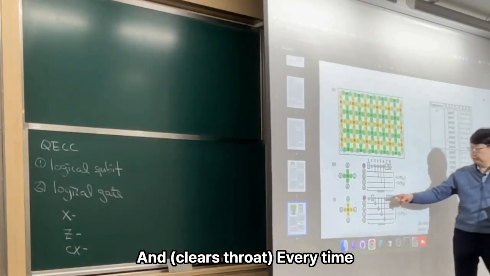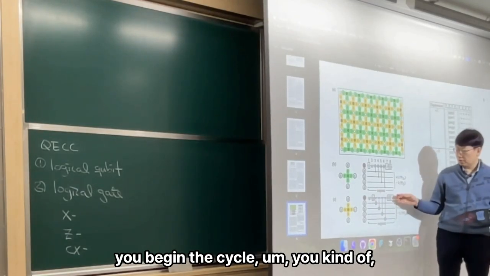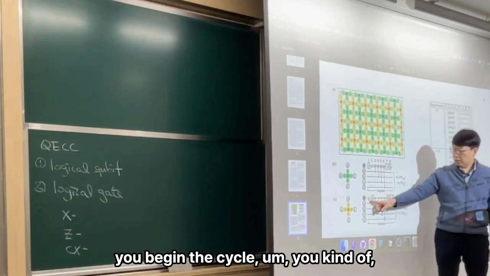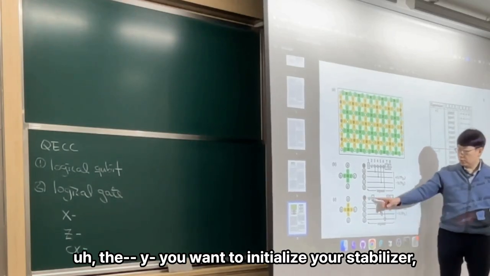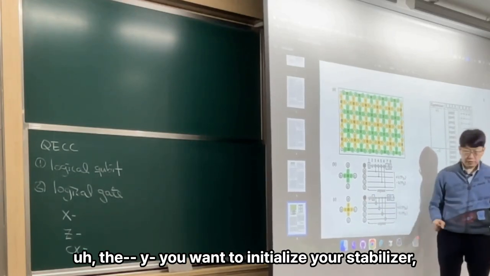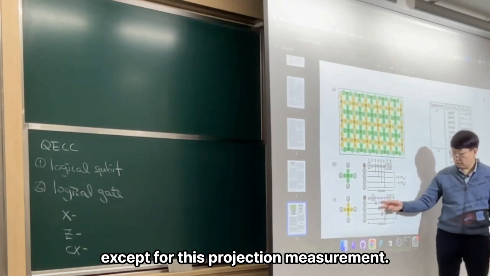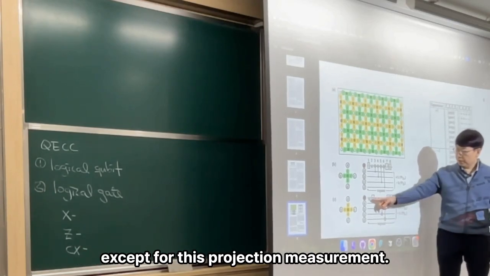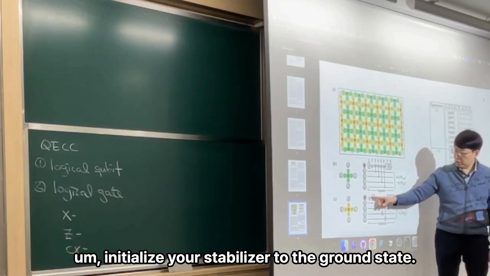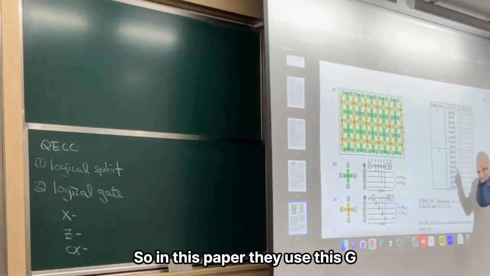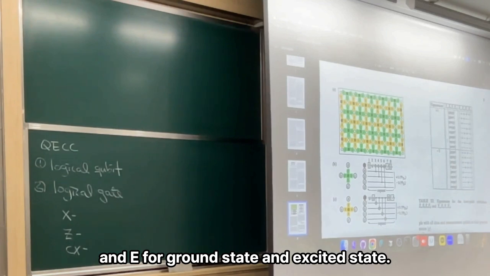Every time you begin the cycle, you want to initialize your stabilizer, but not the data qubit. You don't want to do anything on the data qubit except for this projection measurement. You must initialize your stabilizer to the ground state. In this paper, they use G and E for ground state and excited state.